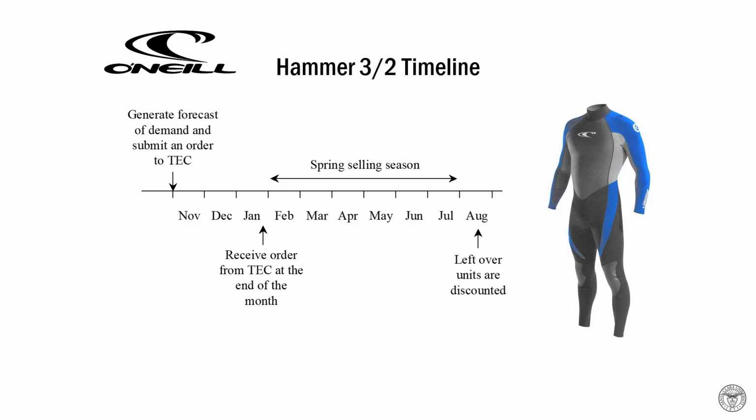It is important to note that any leftover units at the end of the selling season in August are discounted. This fact underscores the need to have an accurate forecast and order quantity to minimize losses from discounts. Marketing's forecast for sales stands at 3,192 units.